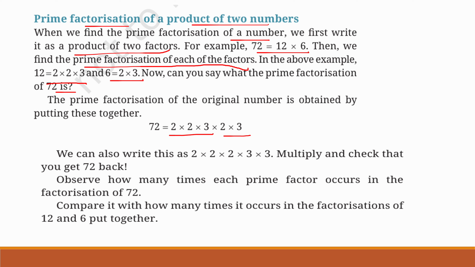We can also write this as 2 into 2 into 2 into 3 into 3 in increasing order. Multiply and check that you get 72 back. Observe how many times each prime factor occurs in the factorization of 72. Compare it with how many times it occurs in the factorizations of 12 and 6 put together.